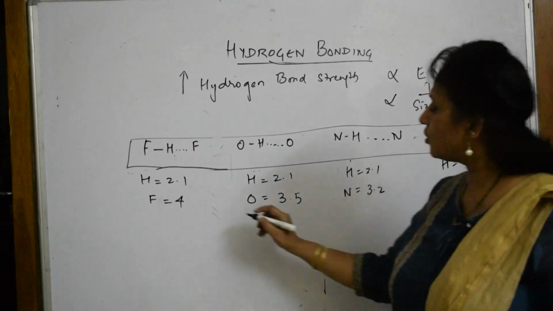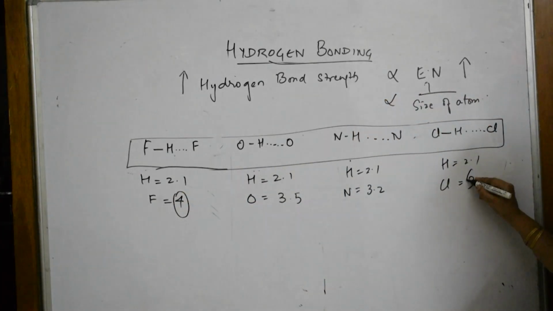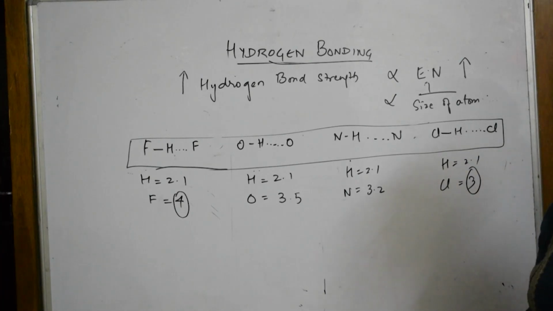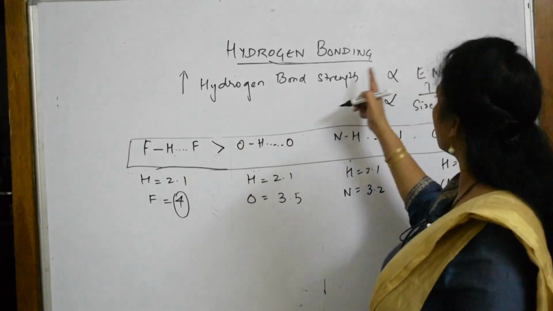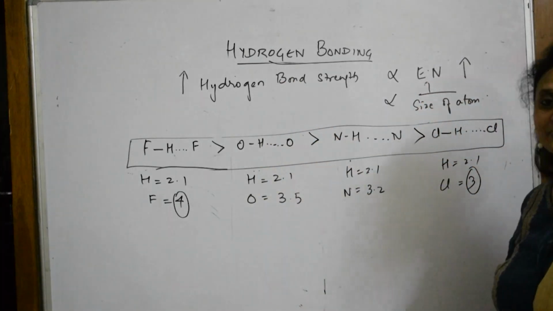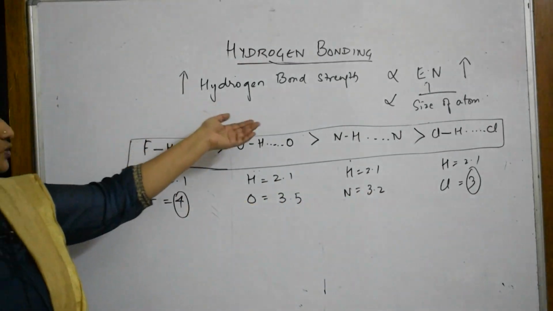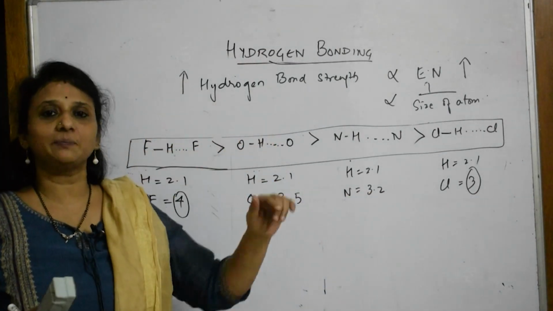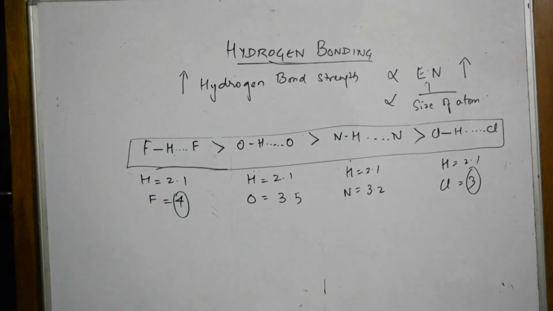Now, among all these, fluorine has the highest electronegativity and chlorine has the least. So the bond strength will be maximum because both are directly related. This also maximum, this also more. Simple, isn't it? So I have applied that concept. In the exam, if they directly give you this, you can apply the concept and solve it or put the tick in the correct option.